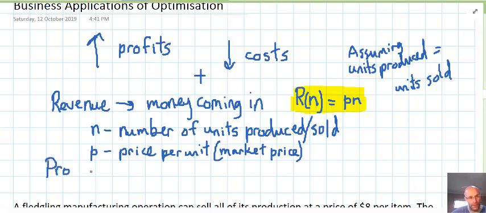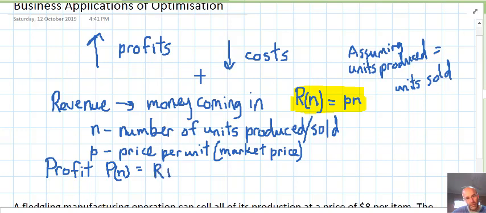Now profit is not the same as revenue, although it is related to it. Let's call the profit function, according to the number of units sold, P of n. That would be your revenue, so it does depend on how much money is coming in, minus, of course, the costs of production in the real world.